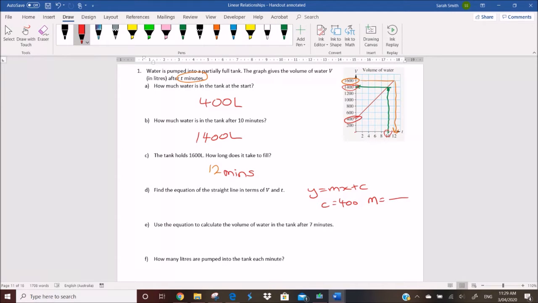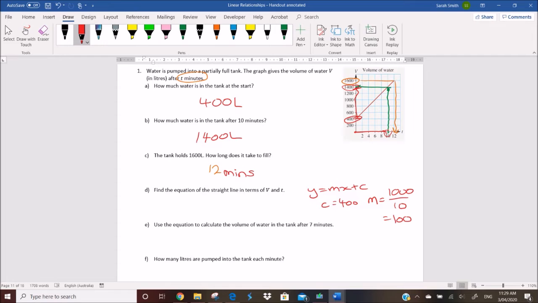So what that's saying is we've gone from 0 across to 10. So our run will be 10, and we've gone from 400 up to 1400. So that's a difference of 1,000. So we can say our gradient is 100. So for every minute, there is 100 litres going into the tank.